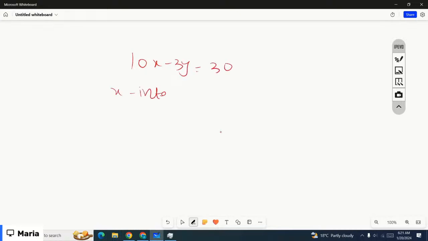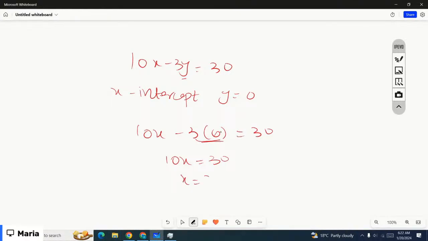Whenever we calculate the x-intercept, we put y equals 0 in the equation. So just replace the y with 0. 10x minus 3 times 0 equals 30. 3 times 0 is 0, right? So you are left with 10x equals 30. Divide both sides by 10 and we're left with x equals 3.